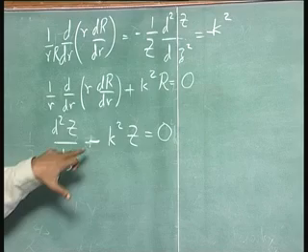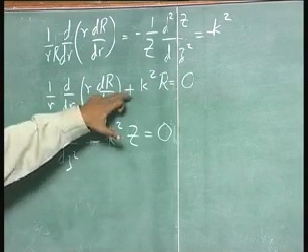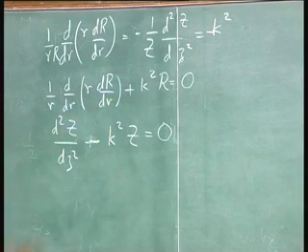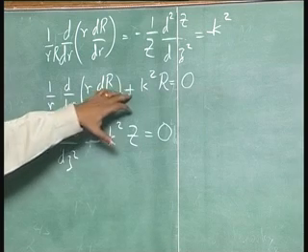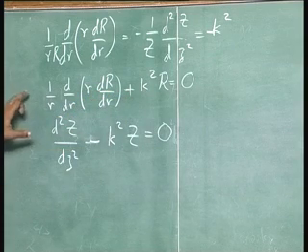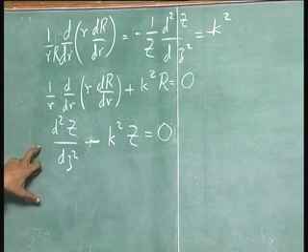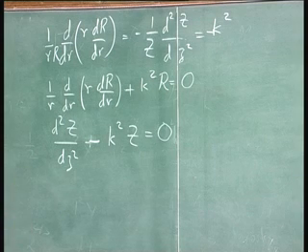Again a plus and a minus. We always have to have that difference in sign, because if I multiply this by Z and this by R and add them up, I should get back Laplace's equation.